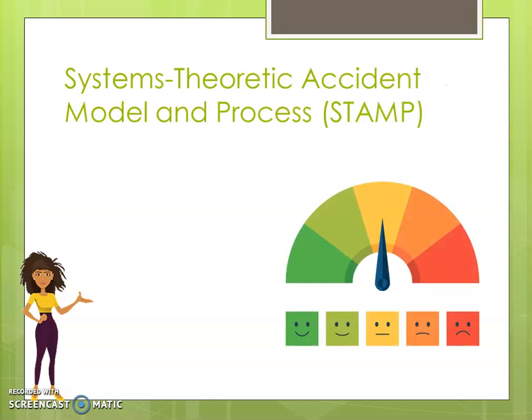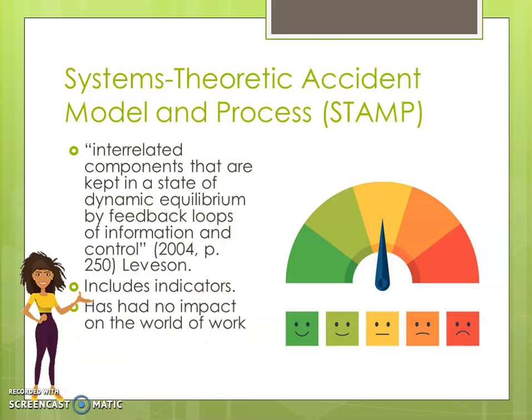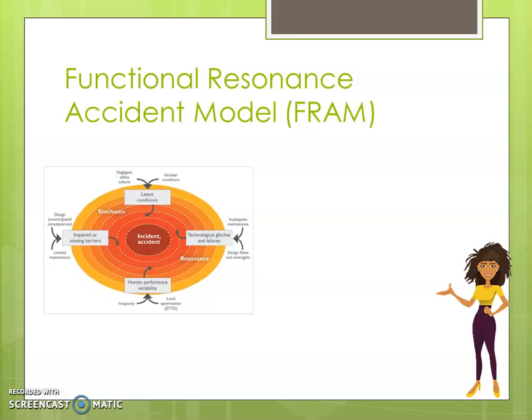The system theoretic accident model and processes consists of more control over the people, likewise real safety management, and realistic indicators can be put on how to measure this management, but it is not totally accepted. The functional resonance accident model was created by Hollnagel.